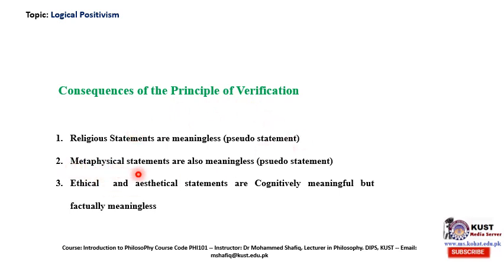The second one is that metaphysical statements are also meaningless pseudo statements. Metaphysics, as you know, is a branch of philosophy which searches for the ultimate reality, which searches for something beyond material existence.